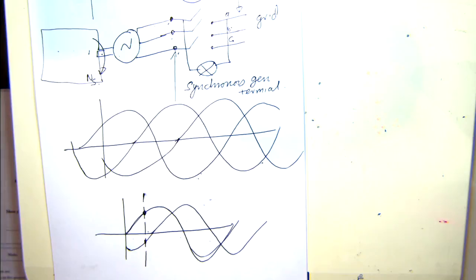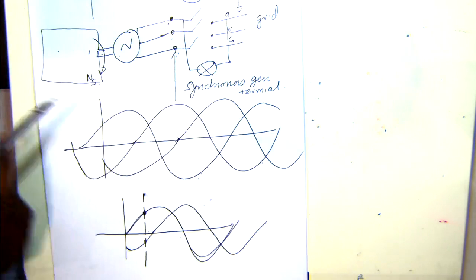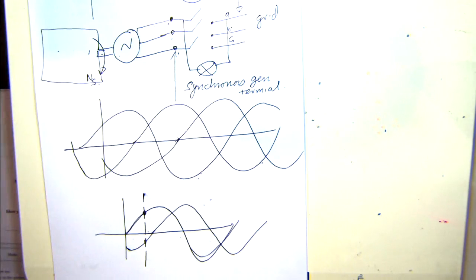If the frequencies are the same, it either completely turns off or completely turns on or starts blinking at a very low frequency. So if you are coming close to synchronization, it tends to blink at a really low frequency, and you know it's coming close to synchronization, and that's the point you turn on the breaker. That's called the dark lamp method.